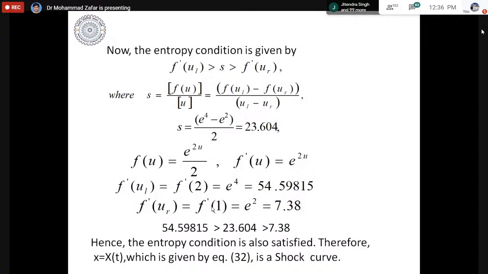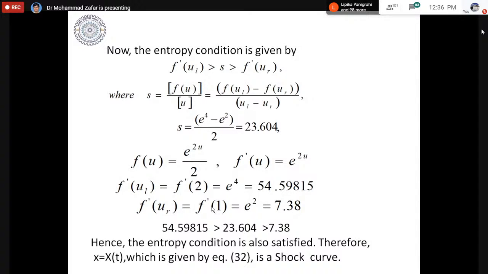Now we can verify that 54 is greater than 23, which is greater than 7.32. Hence the entropy condition f'(ul) greater than s greater than f'(ur) is satisfied. Therefore we have shown that both the RH condition and the entropy condition are satisfied. The RH condition will give us the discontinuity curve only.